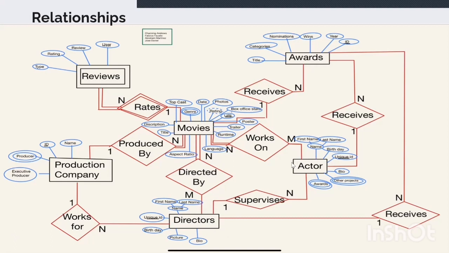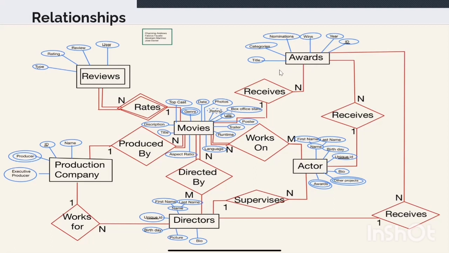Following, we have our actor entity, which relates to the movie entity as well. So we say movies must be worked on by m number of actors, multiple actors. But on the other hand, an actor might or might not work on n number of movies.